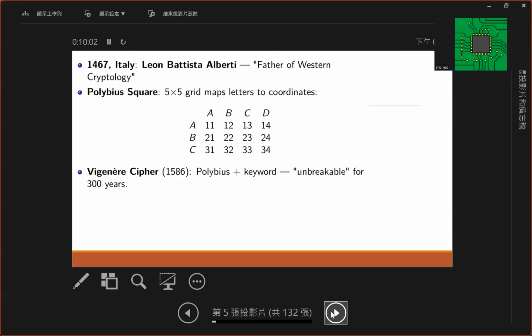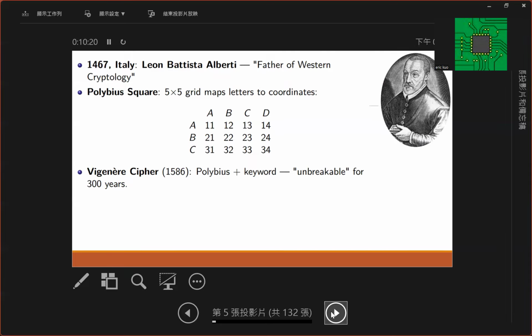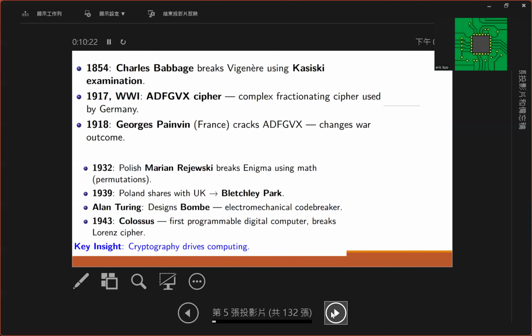After several hundred years, people invented different cryptographic systems, but simply speaking, they are not the modern ones. There are a few of them.